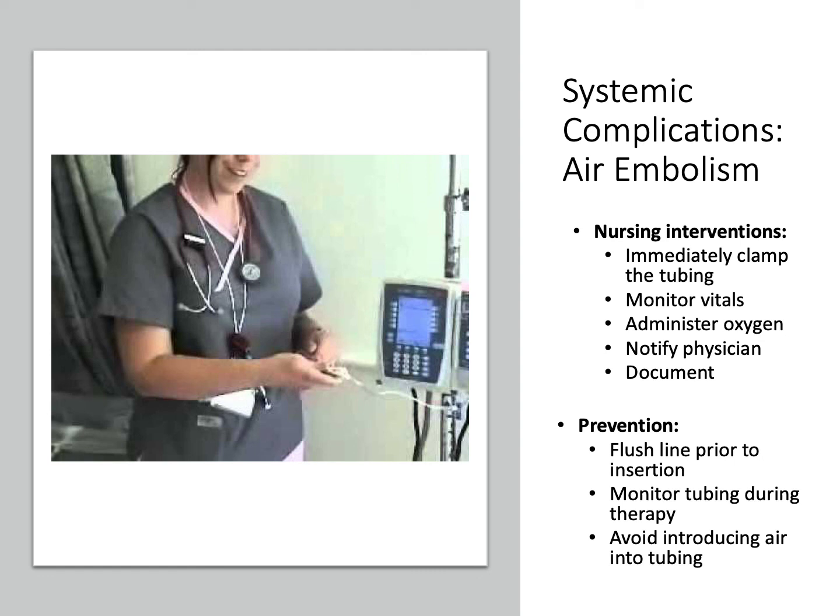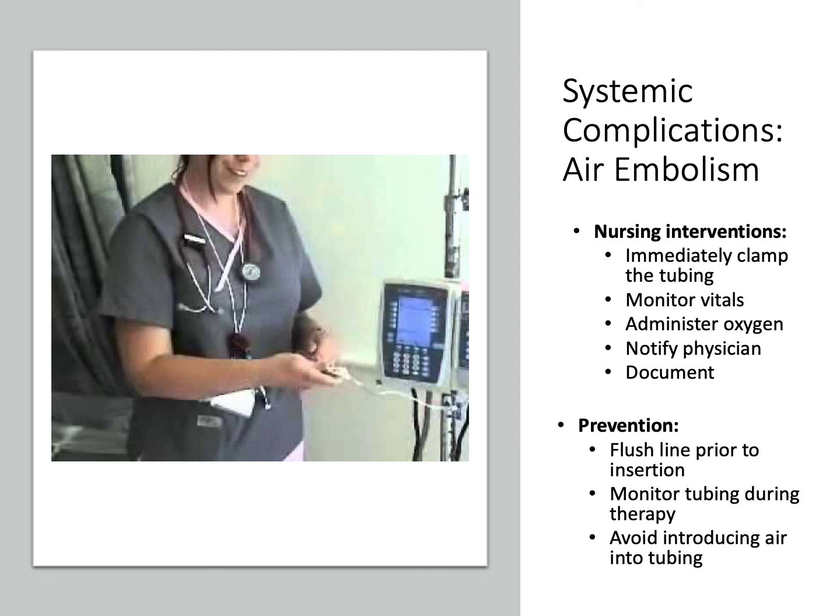So this happens if a large volume of air enters the patient's vein via the IV tubing. Most IV tubing holds around 13 mils to 15 mils of air. If you think about a 20 cc syringe, the tubing holds a little over 10 cc's.